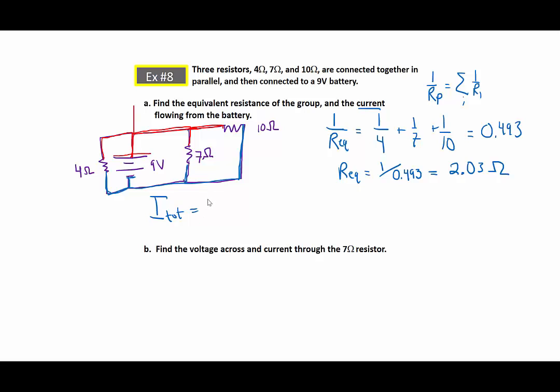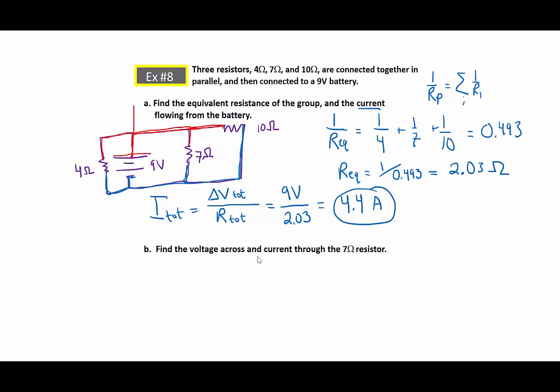So to find the total current, I have to look at the total voltage pushing from the battery, and I have to divide that by the overall or total equivalent resistance of the entire circuit as a whole, all of the resistance the circuit is able to provide. So if I take my 9 volts and divide it by the resistance I just calculated, the overall resistance of the circuit, I can find the current, and it's going to be 4.4 amps.